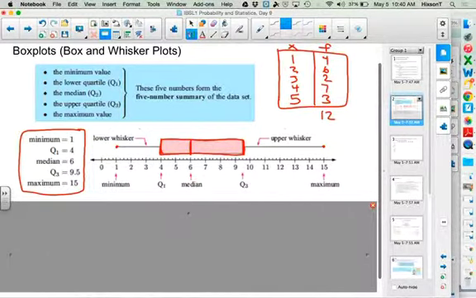So halfway between the 6th and 7th would be our median. The 6th and 7th are both a 2, so your median would be 2. Then you would say, halfway between the 6th and the 7th, that was a 6.5, so the first 6 are in that bottom 25%.